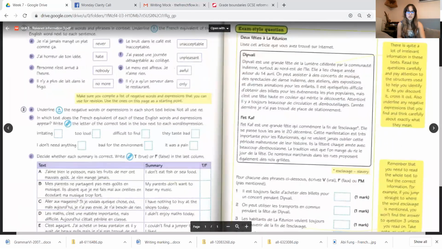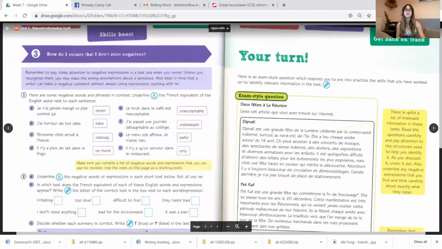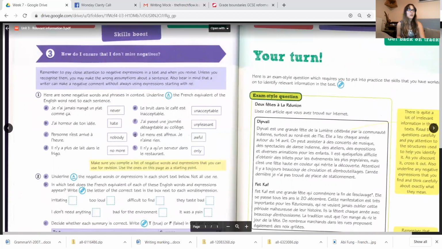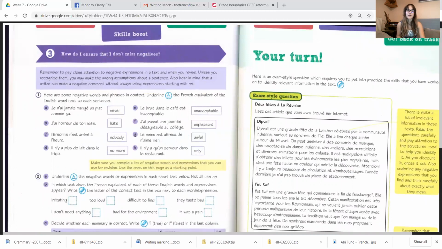The last page is how do we ensure that we don't miss negatives? So here again, you don't necessarily need a ne pas structure when something is negative. A negative adjective, something that is not positive, could actually work.